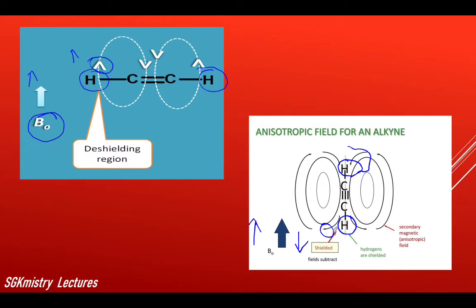You can see the arrow, this is downwards. So both the directions are opposite to each other, that is, the direction of the external magnetic field and the direction of the circulation of the pi electrons in the vicinity of the protons. It is in opposite directions and hence we say that in case of alkynes, that is acetylenic protons, the protons are shielded, and because of this the chemical shift value decreases.